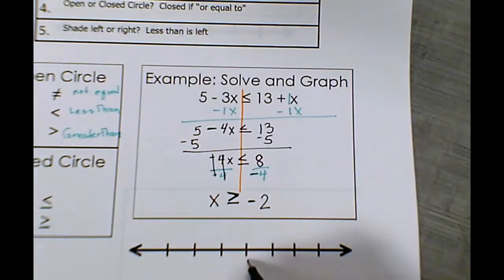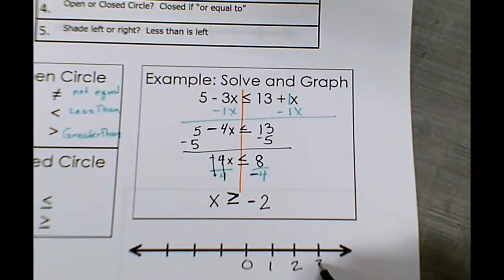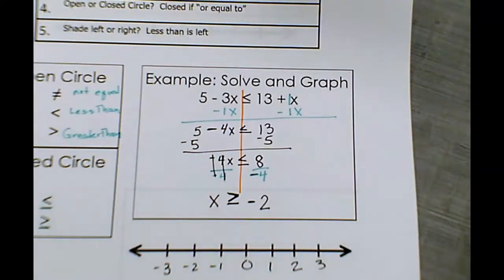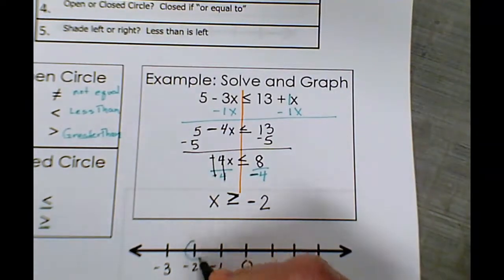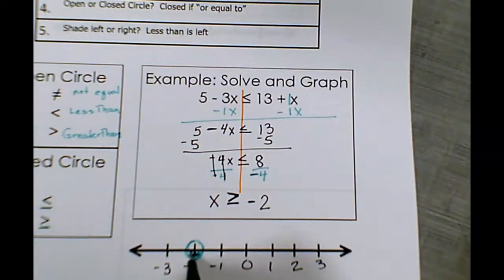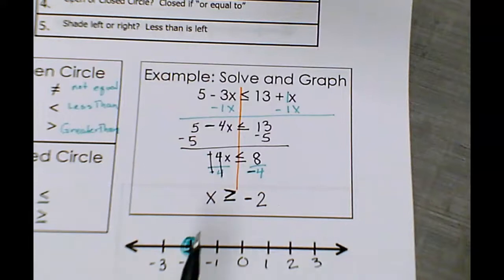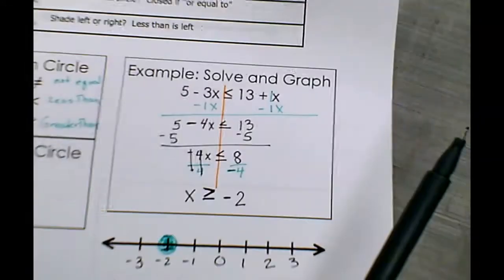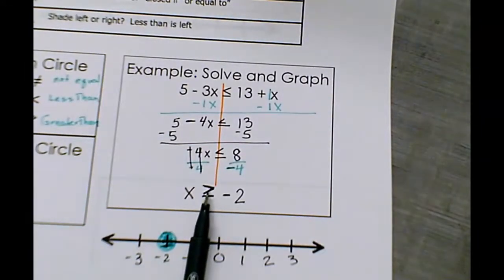So we're going to make our number line. And we are going to put a circle at the number negative 2. Since we have an or equal to, that circle is going to be closed in. That is included in part of the circle. If you have the inequality written in the correct form, variable, symbol, constant, this tells you which way to color in your number line.